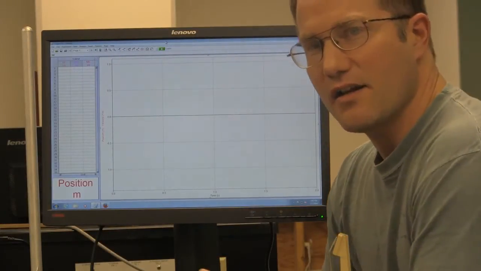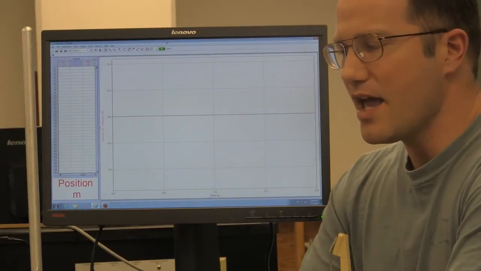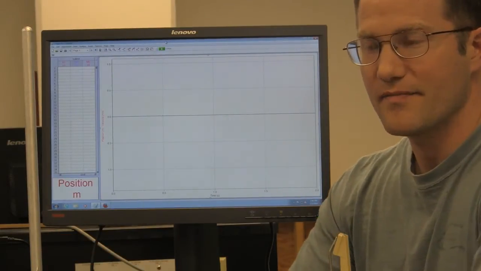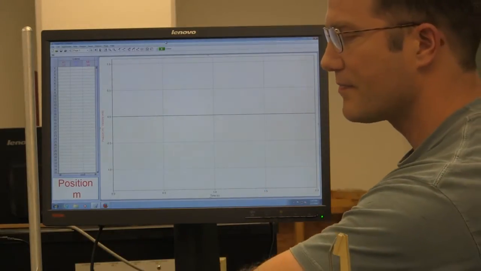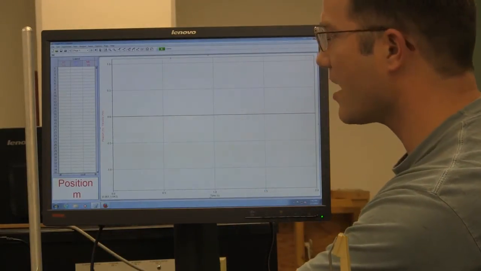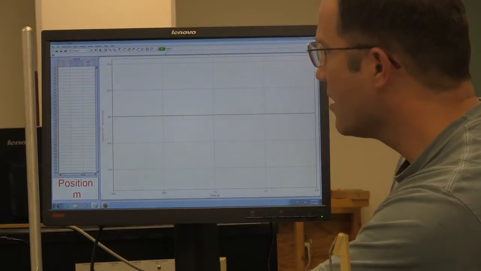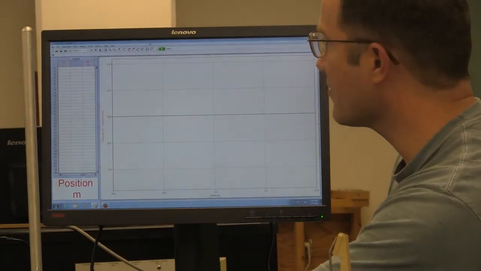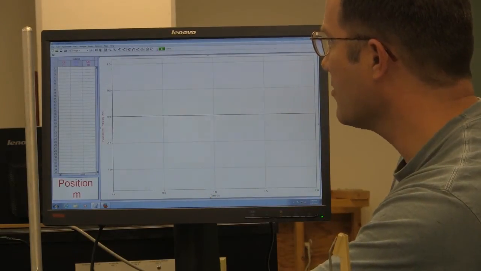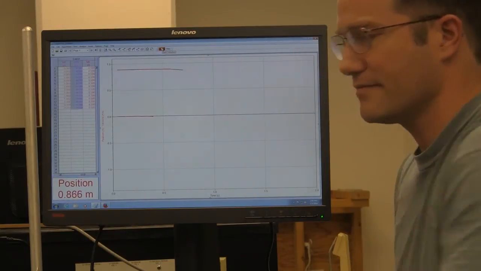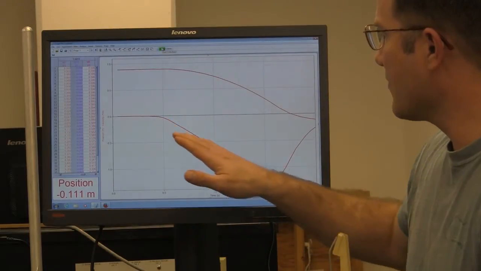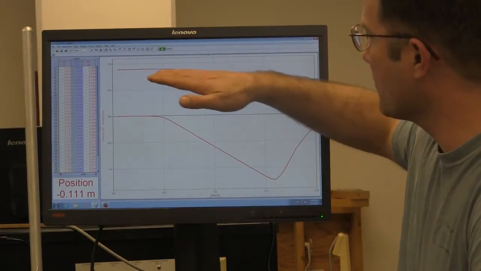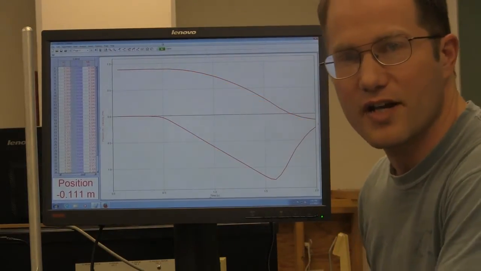Okay, so now you can see Logger Pro up on the computer screen, and we're going to run this experiment. Now I've already reversed and zeroed the motion sensor, and so we're going to track position versus time along with velocity versus time as the cart goes down the track. You can see velocity versus time is fairly linear, while position versus time looks more quadratic.